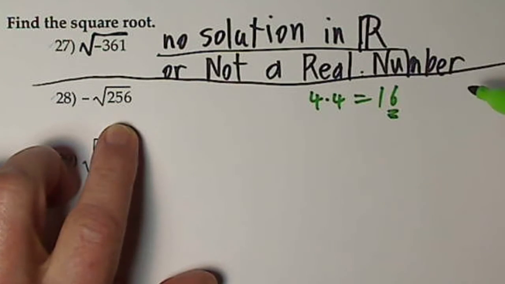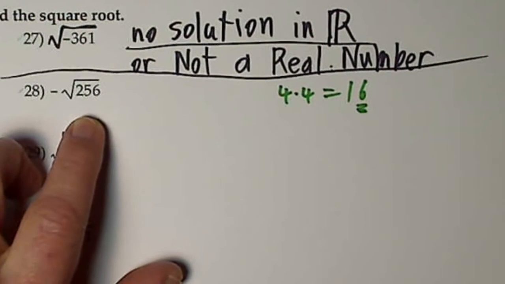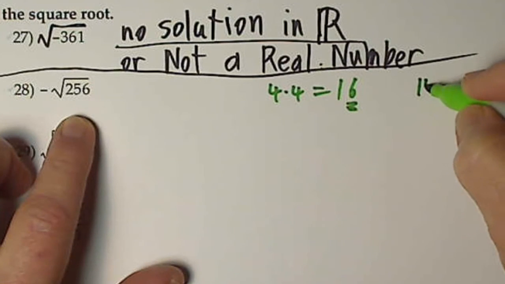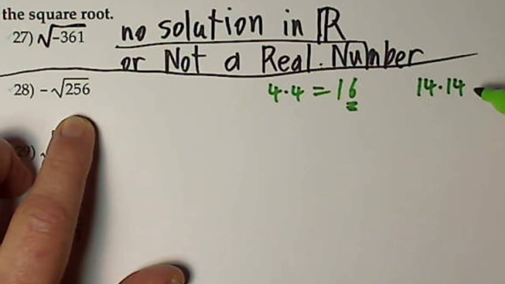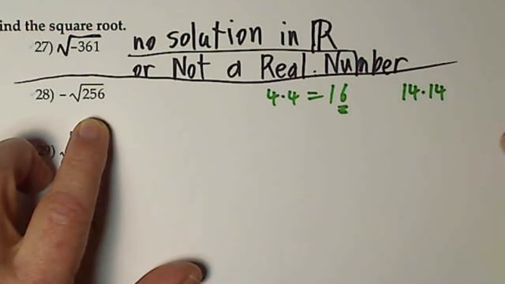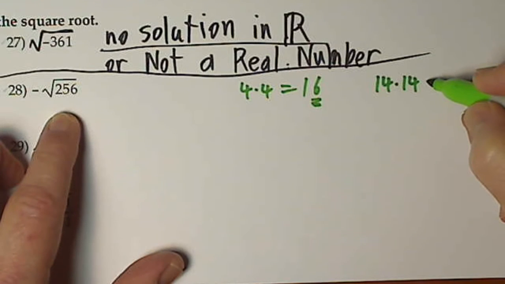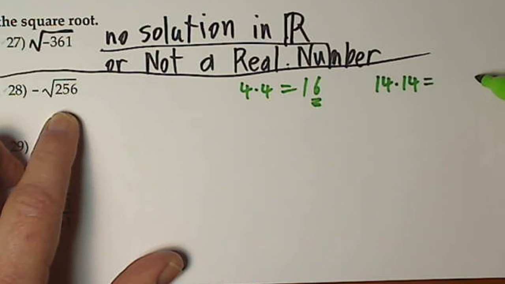That means if I had 14 times 14, that would end in a 6 as well. So whatever it is, it ends in a 6, okay? And it happens to be 256.